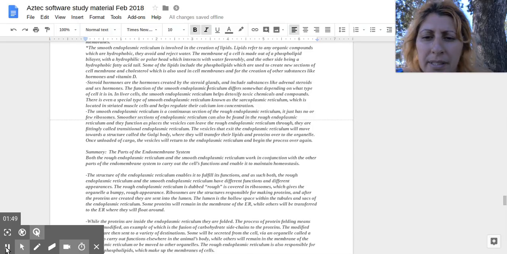The smooth ER is continuous with the rough ER, but it doesn't have any ribosomes, and ribosomes make proteins, so it doesn't have ribosomes.